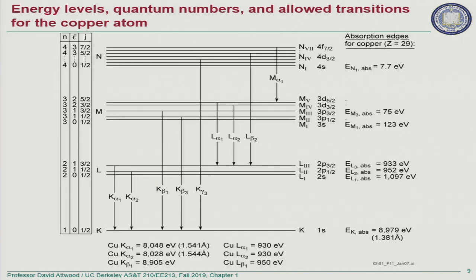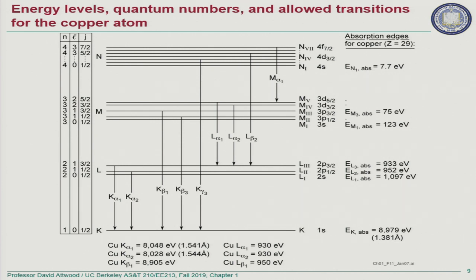And so this is energy transitions. When an electron decays from one of these levels to another, it's going to emit a photon of this amount of energy, but not all the transitions are possible.